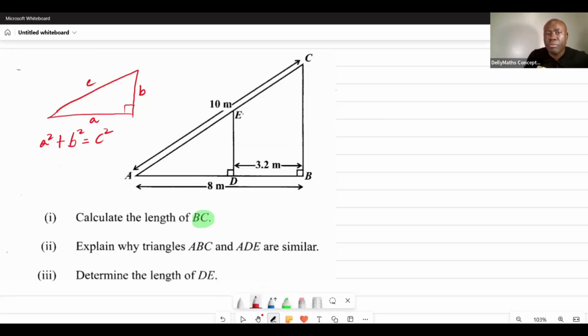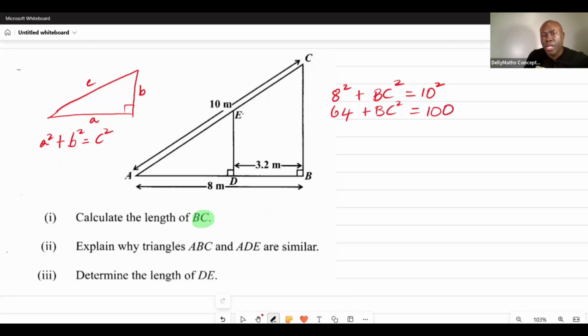So let us set it up. We could say that 8 squared plus BC squared is equal to 10 squared. Let us break this down. 8 squared is 64, plus BC squared is equal to 100. Let us now subtract 64 from both sides, because we want to make sure that BC squared is alone.